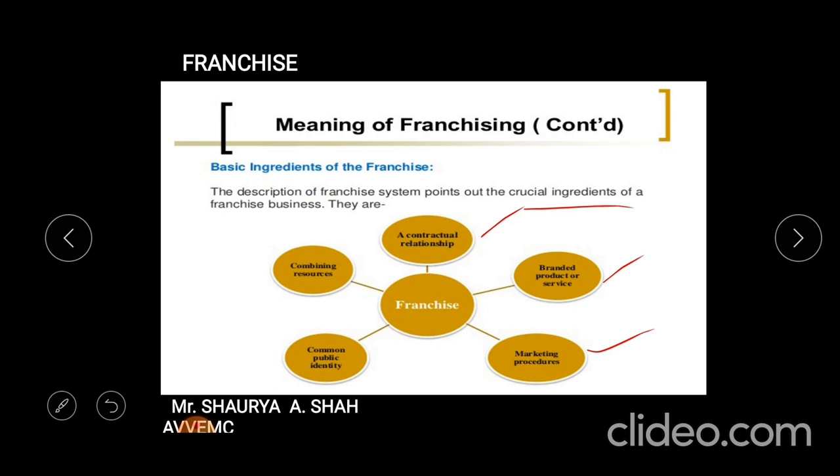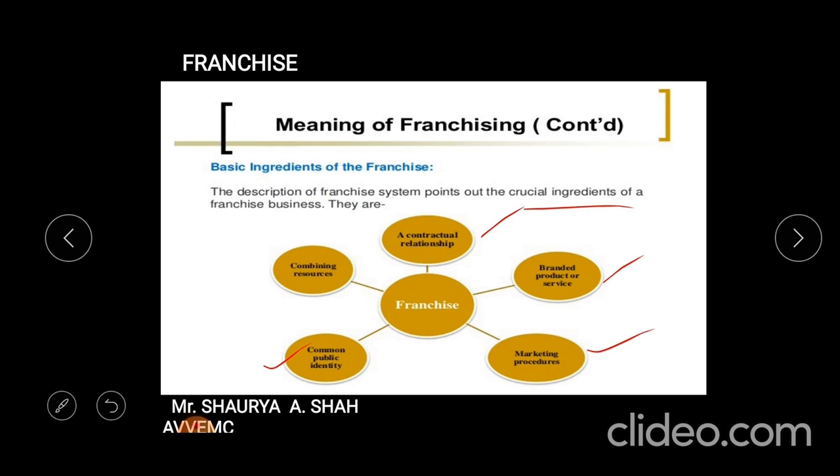It is a common public identity. You take an example of McDonald's, right? Everywhere in the entire country, wherever you go, in the entire world, I can say, the franchisor of McDonald's company is having the same format and the same layout in each and every outlet. So students, McDonald's, you can see, is a common public identity. Again, such kind of franchises, we will see the examples, you will come to know that it is a common public identity.